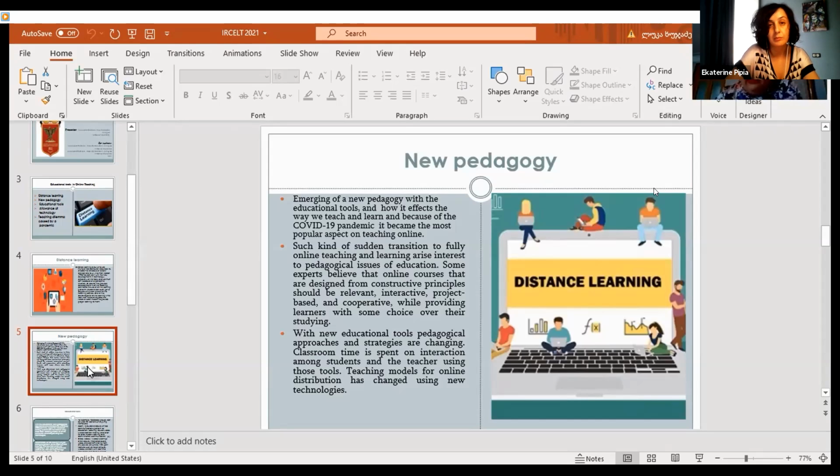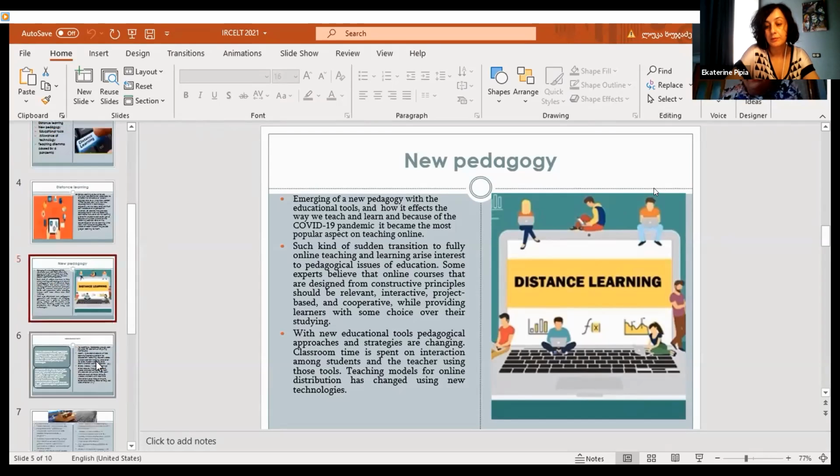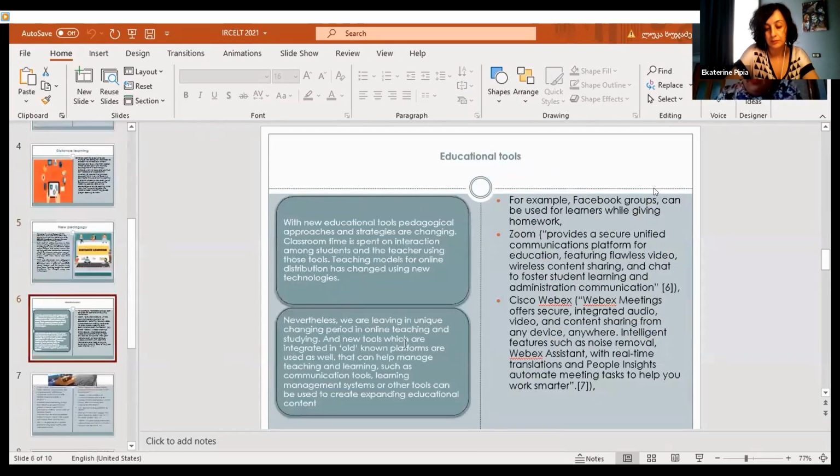Teaching models for online distribution have changed using new technologies.